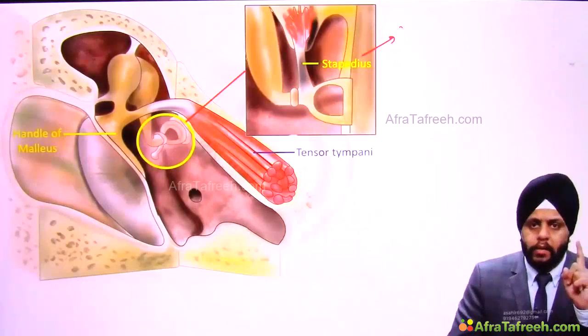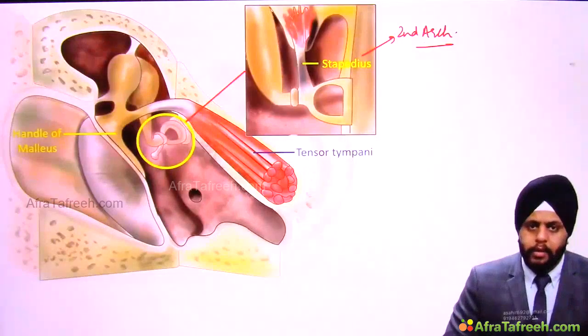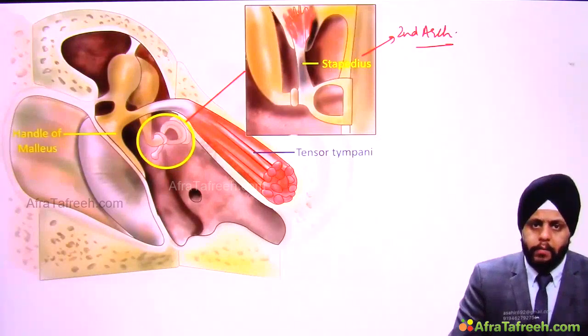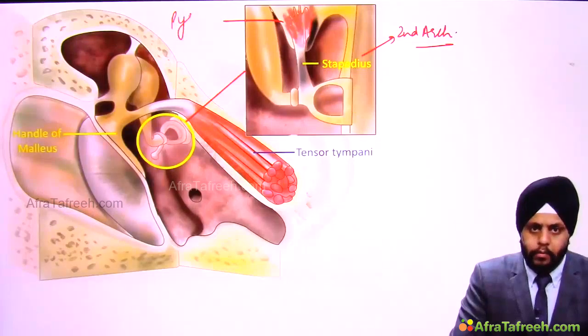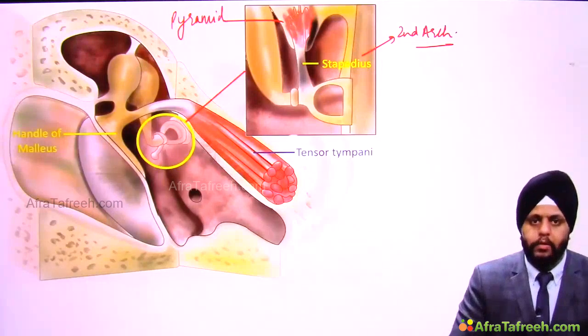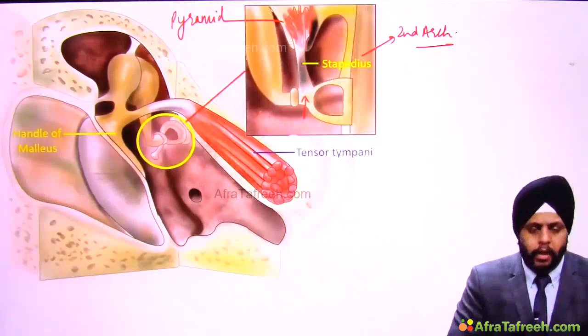This is a muscle of second arch. Stapedius arises from pyramid, posterior wall. We have already discussed it. It arises from pyramid, inserts on neck of stapes over here. So that is your second muscle, stapedius.